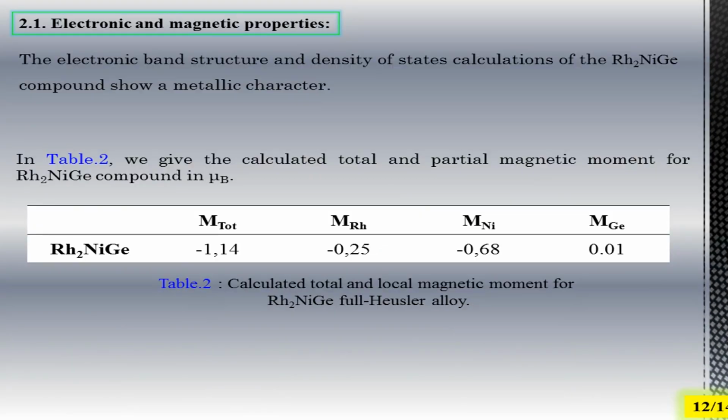The electronic band structure and density of states calculations of the Rh2NiGe compound show a metallic character. In Table 2, we give the calculated total and partial magnetic moments for the Rh2NiGe compound.